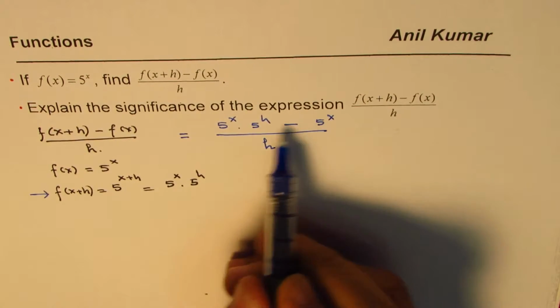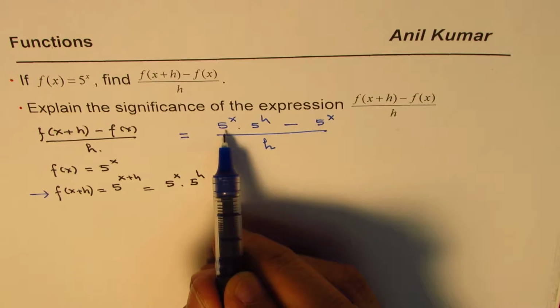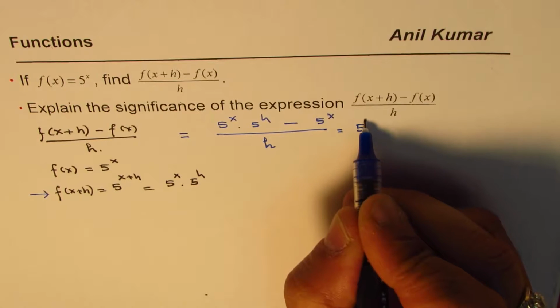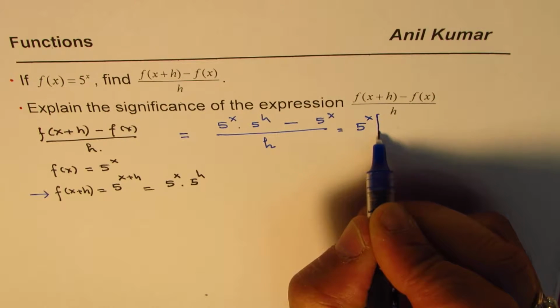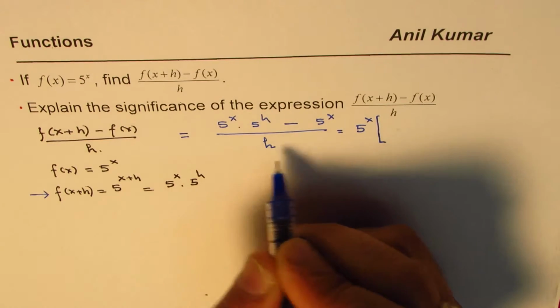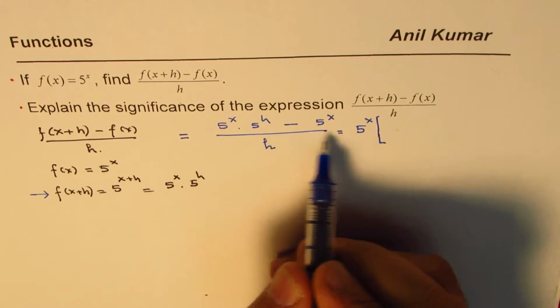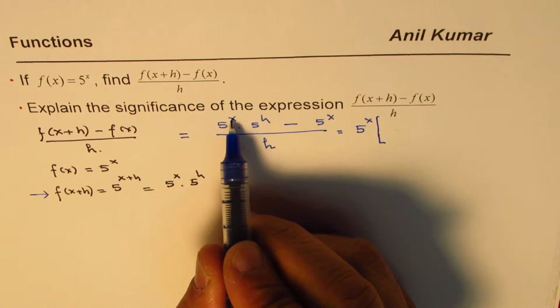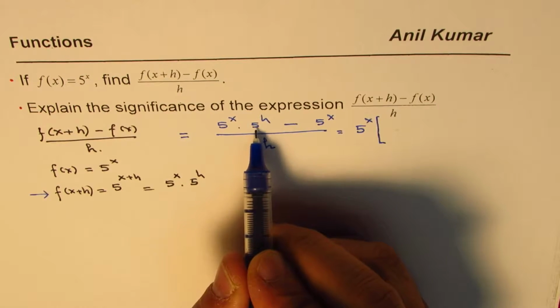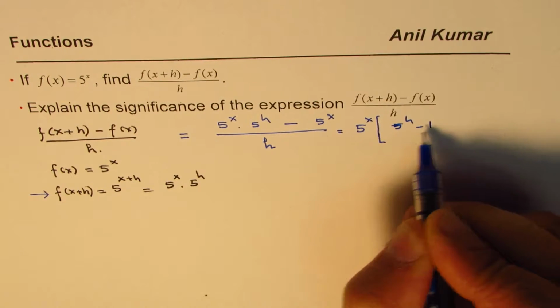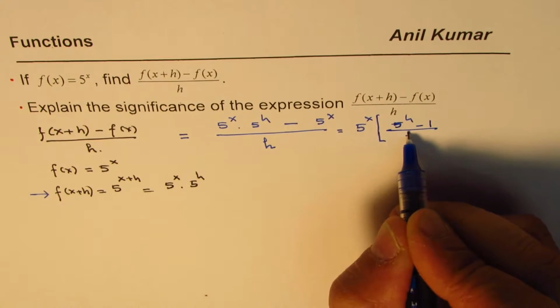And now from this expression we can always take 5 to the power of x common. Right? So taking 5 to the power of x common, what do we get in the numerator? We can keep this h inside for the time being. So if you take 5 to the power of x common, you get 5 to the power of h minus 1 divided by h. Okay?